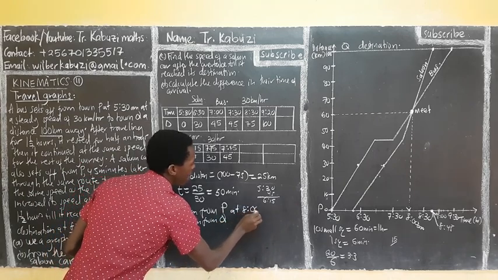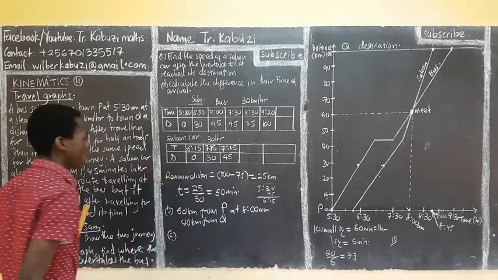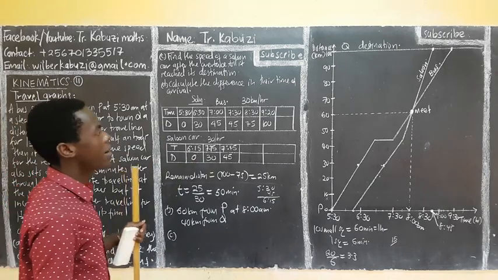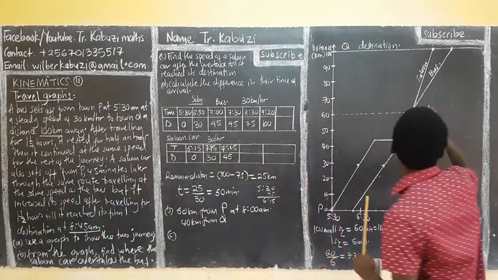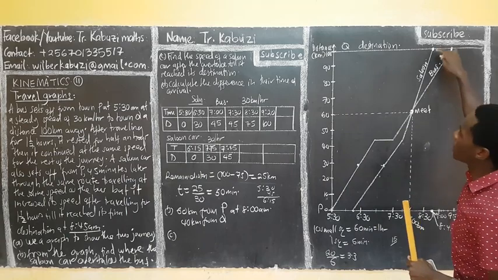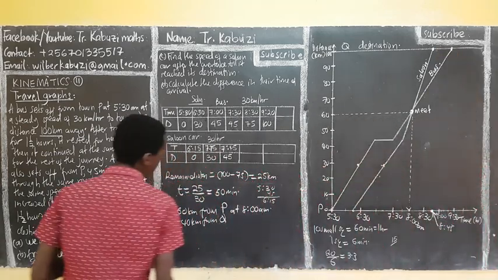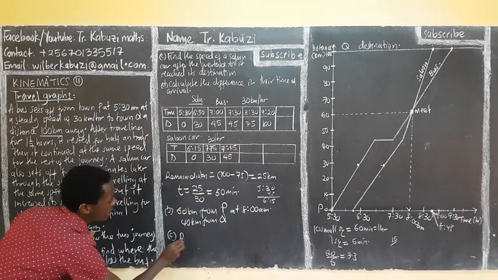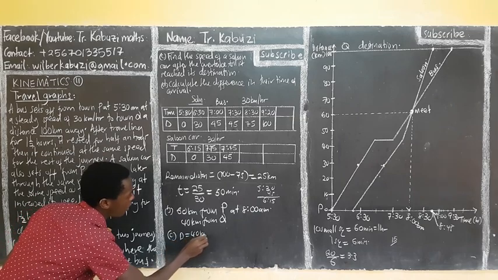8 a.m. So they are telling us to find the speed after the overtake. From here up to here, you know that it is 40 kilometers. So we need the distance, which is 40 kilometers for it to reach.